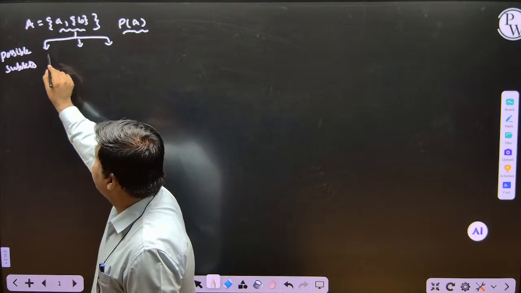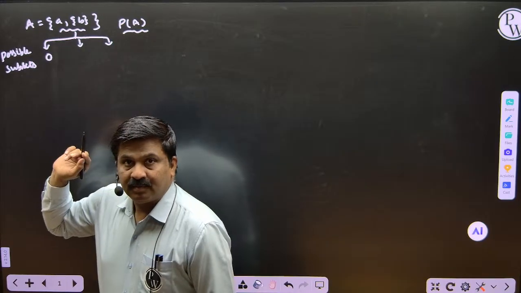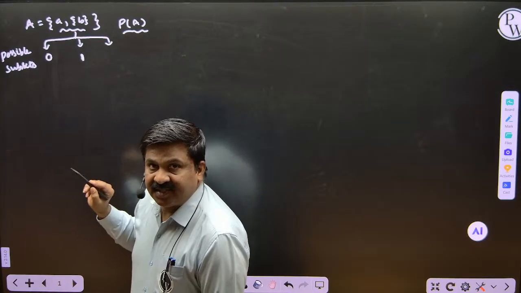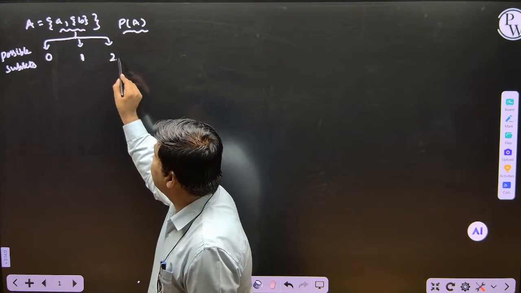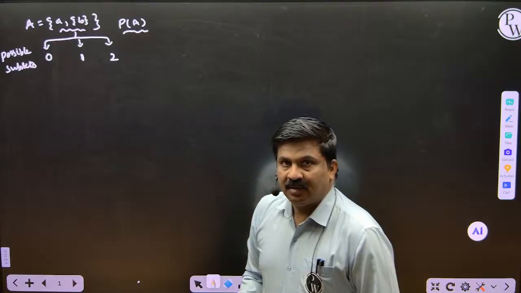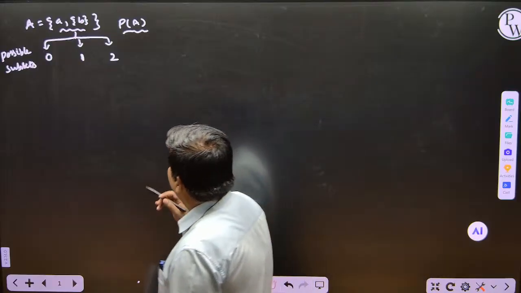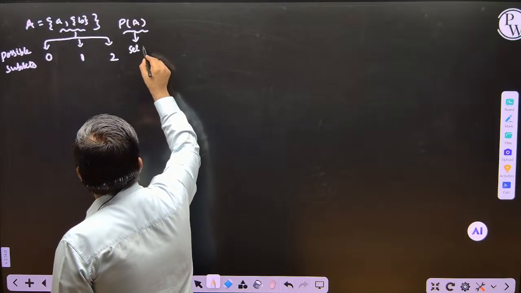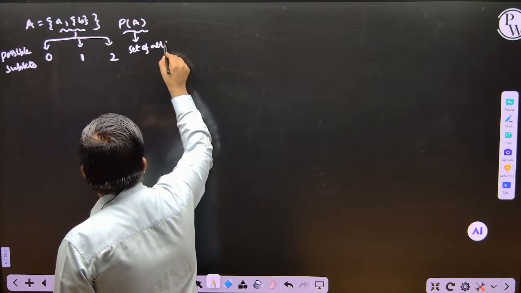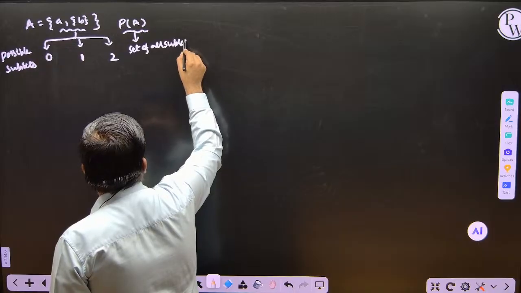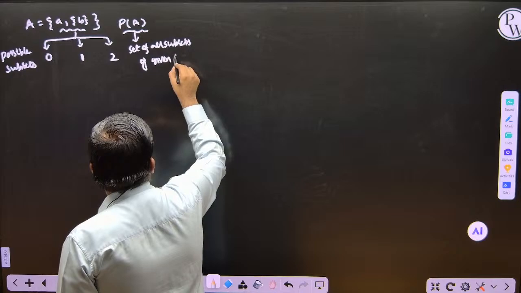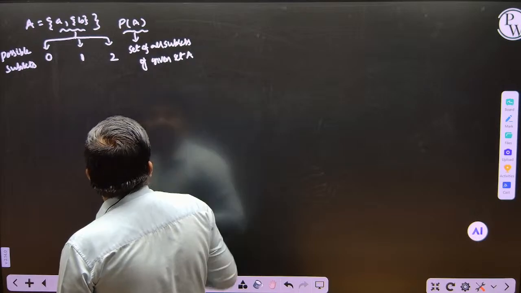Either zero element subsets, one element subsets, or two element subsets. Why? What is the meaning of P of A? P of A gives the set of all subsets of the given set A.